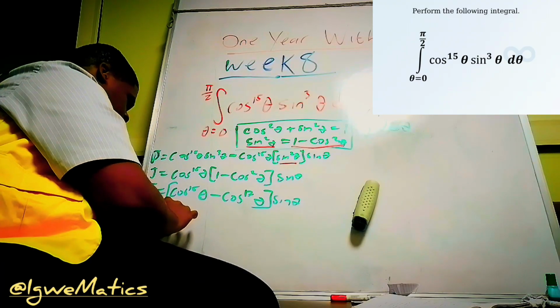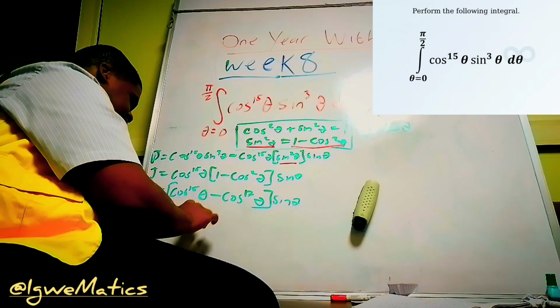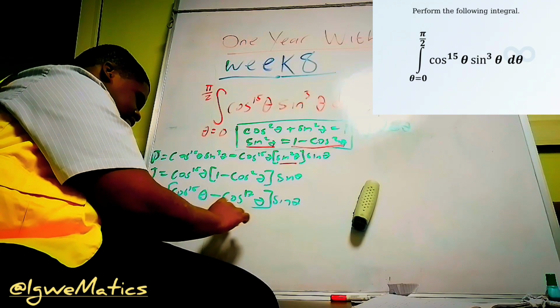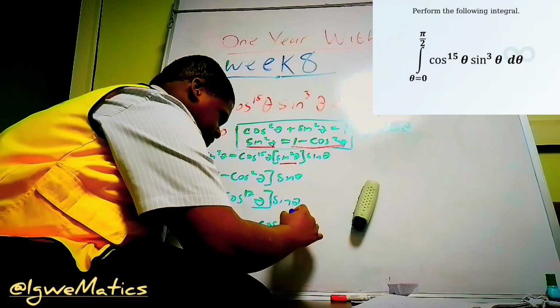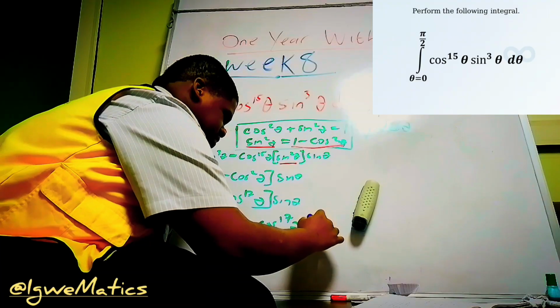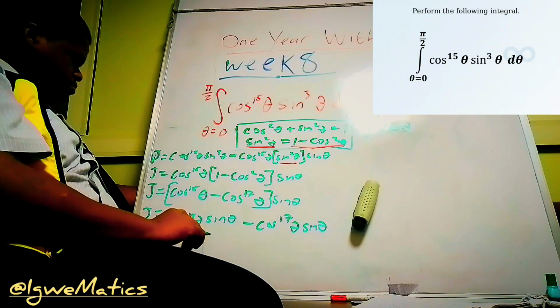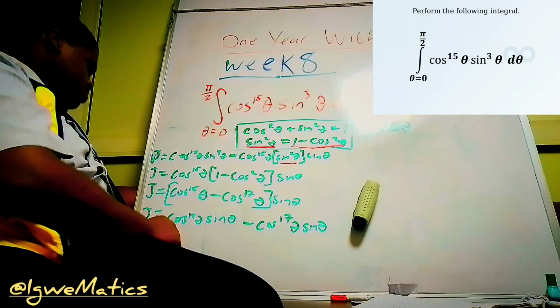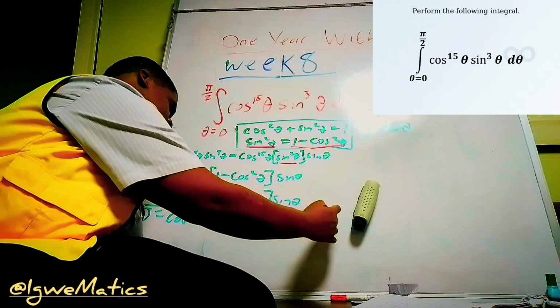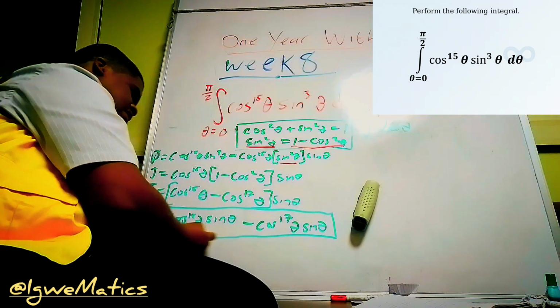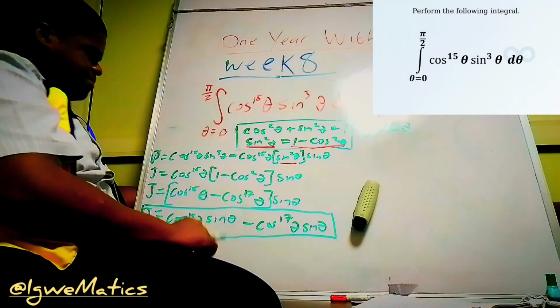We have J is equal to cos 15 theta sine theta minus cos 17 theta sine theta. Now this is the most simplified way.